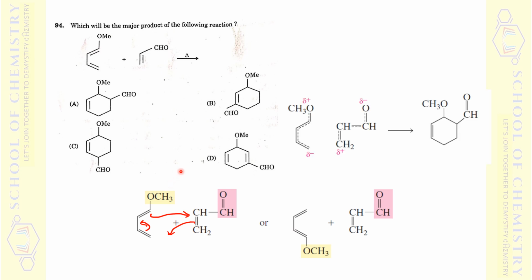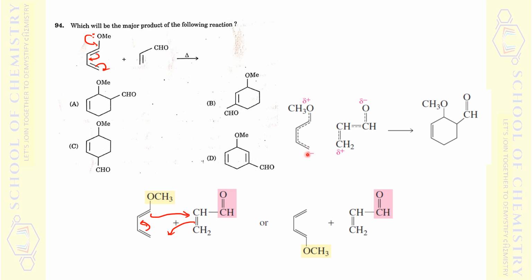That can be decided simply by writing the electron movement, looking at the charges developed because of this electron donation due to OMe. So OCH3 will be donating its pair of electrons here, and this pair will move here, and this will come here.